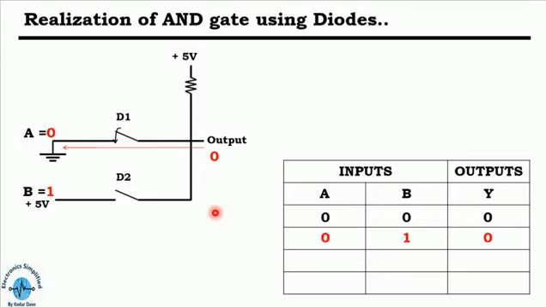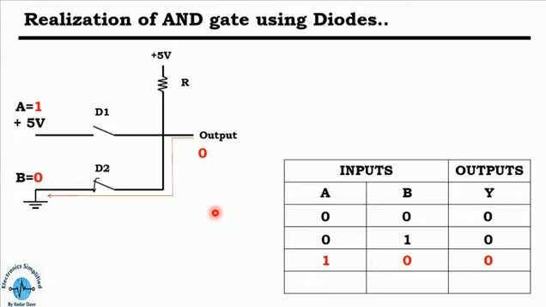By taking the third case, A equals 1 and B equals 0. Here D1 is open, that means reverse bias condition, and D2 is in the forward bias condition, but the current flows like this and no output will be there, so the output will be 0.